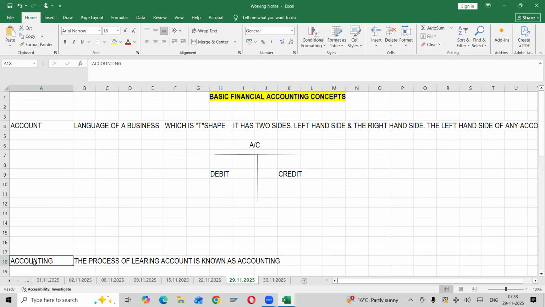In textbooks you won't see financial accountancy; you will see financial accounting, cost accounting, management accounting, whatever textbook your university or board prefers. The label is accounting, not accountancy. The process of learning is known as accounting.